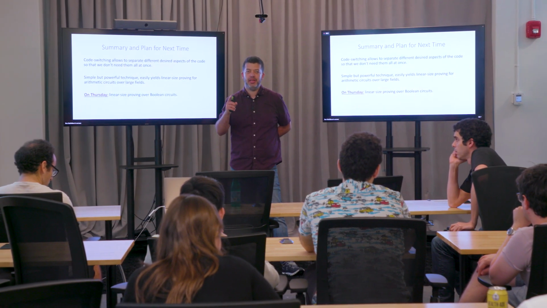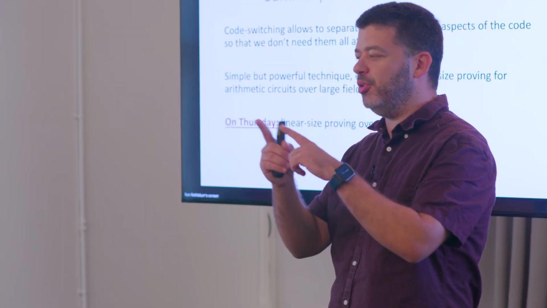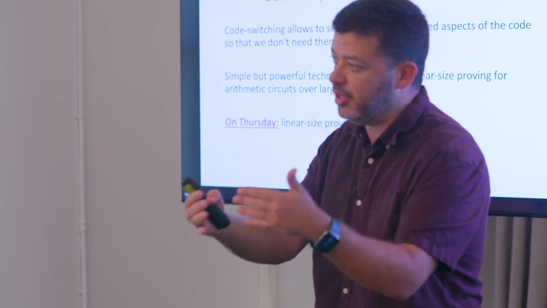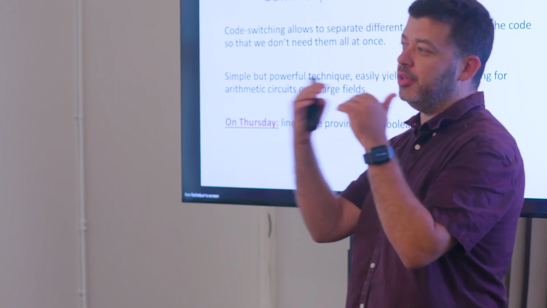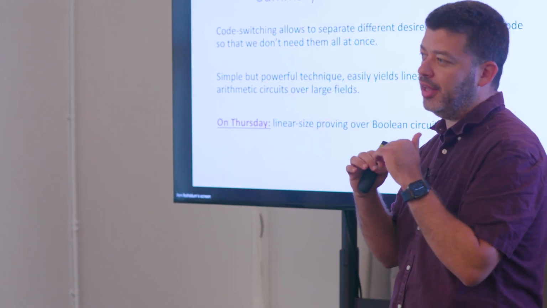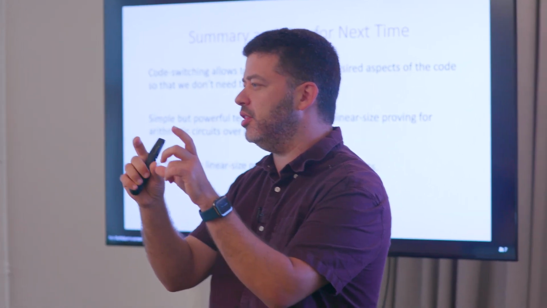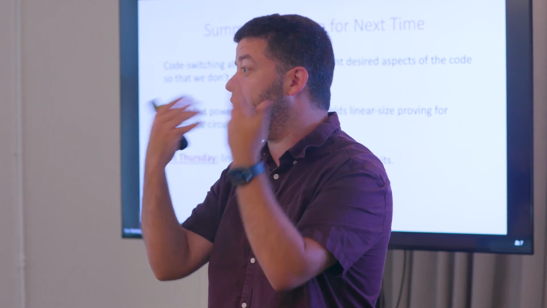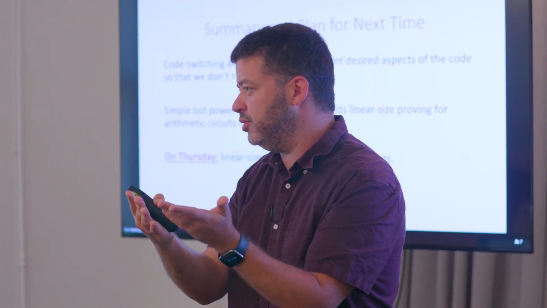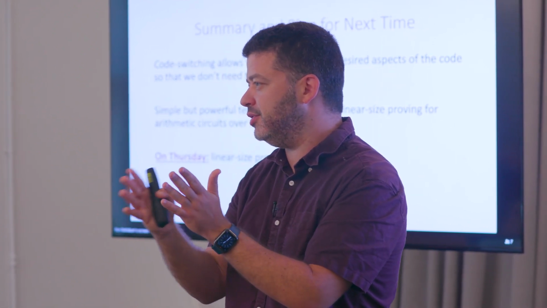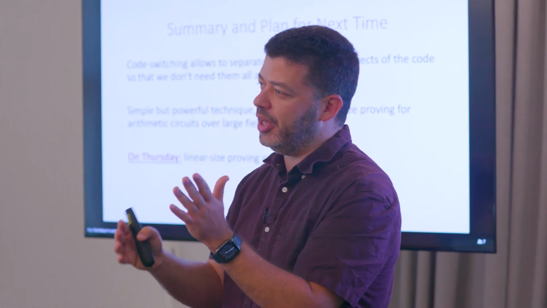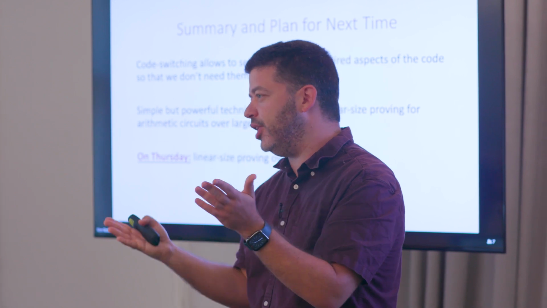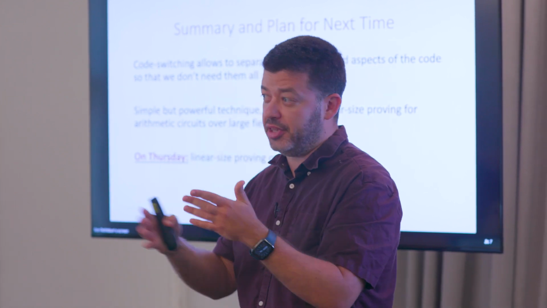But let me maybe follow up on your question. There are two things going on. There's the fact that the input circuit is Boolean, and the fact that I'm trying to implement the prover as a Boolean circuit. I was sort of addressing whether it's relevant in practice that the computation that you care about is expressed as a Boolean circuit. That is one aspect, and I think that is interesting. People are trying to invent new hash functions that are arithmetization friendly and so on because they want to work with these big fields.